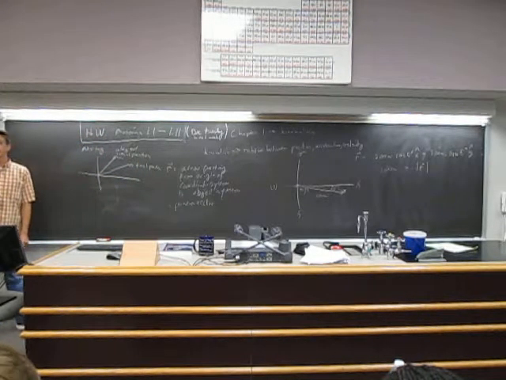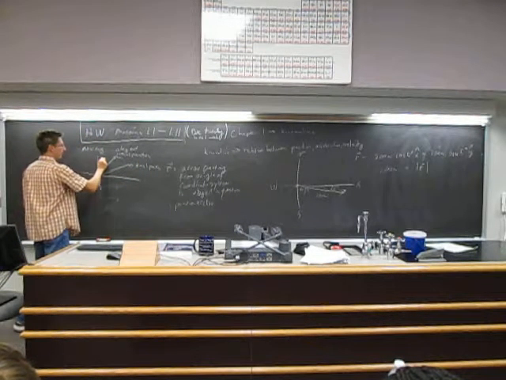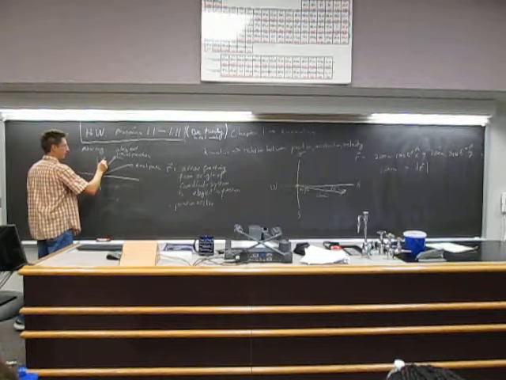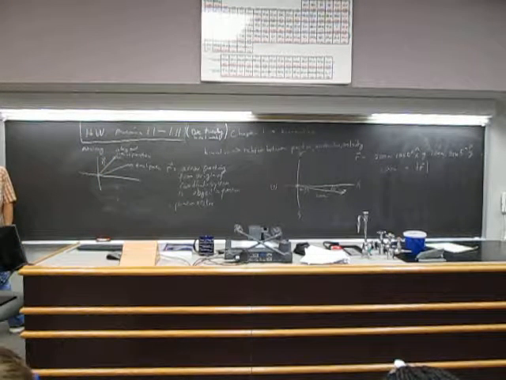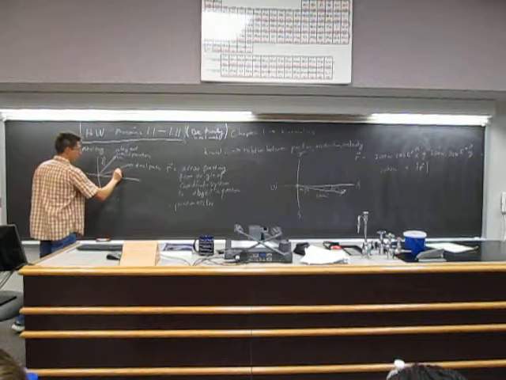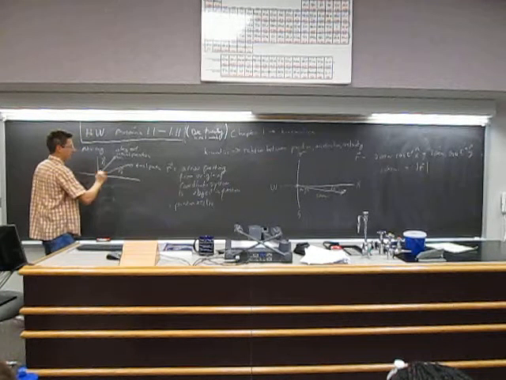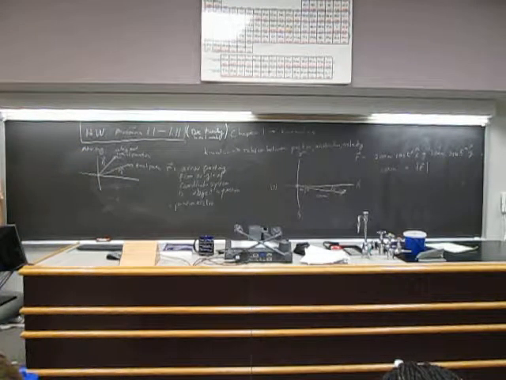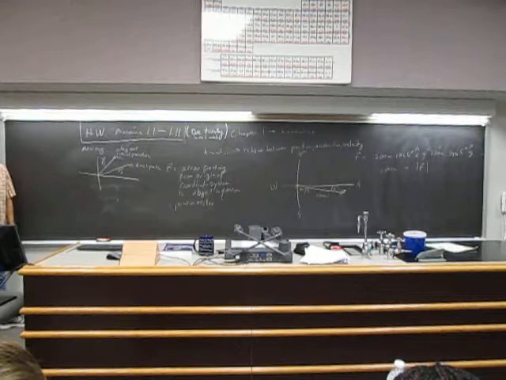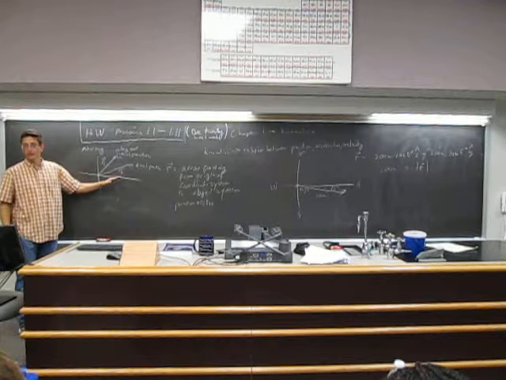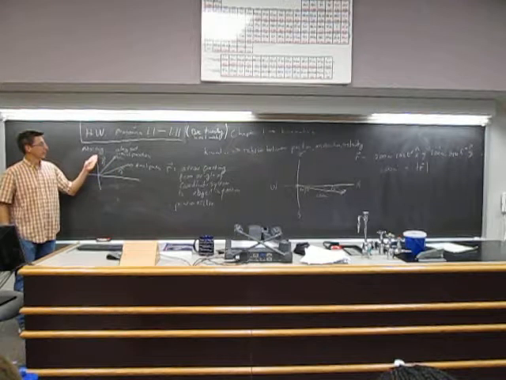And we can label those as R with a little i for initial, and R with a little f for final. Okay, so this would be the initial position vector, and a final position vector.